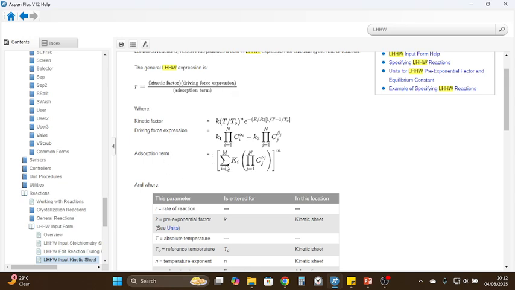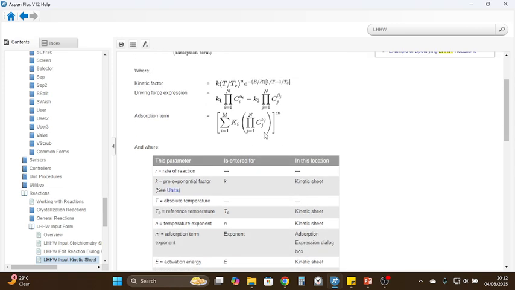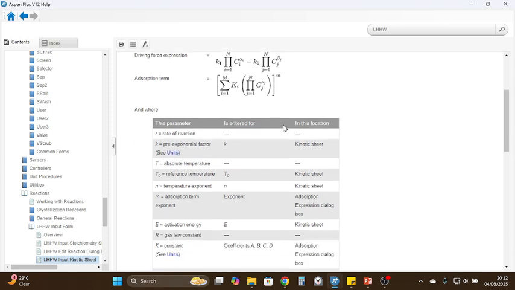And next is our adsorption term. Now in the adsorption term, we have this equilibrium constant Ki followed by the concentration of the terms that are taking place in the reactants. And what is Cj? Cj are the products and i is the reactant.